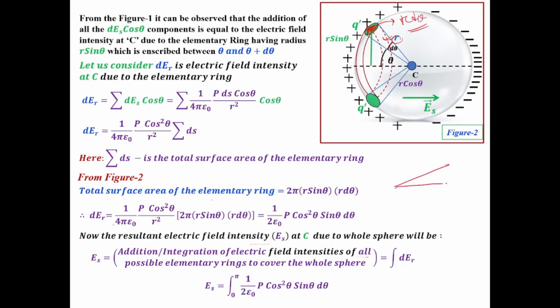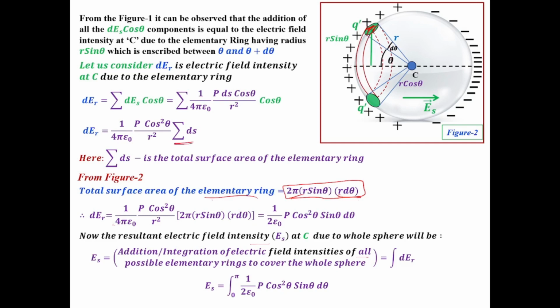If this is d theta and this is your r, then this one is r into d theta. So the thickness of this elementary ring is r d theta, and the circumference is 2 pi r sin theta. So the whole surface area of the elementary ring is 2 pi r sin theta d theta.